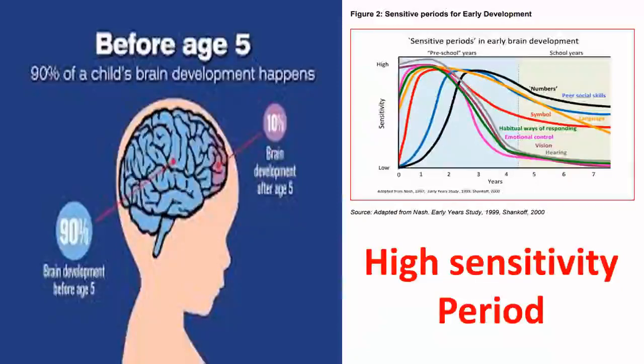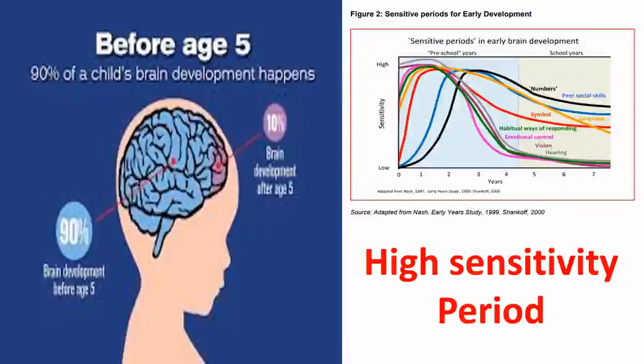Now, when the sensitivity or the probability of learning is very high, then it becomes easy for the child to adopt those skills if we adopt one mechanism, one technique. Therefore, it is very important in the preschool years. If that technique can be adopted, the child's growth can be formalized.